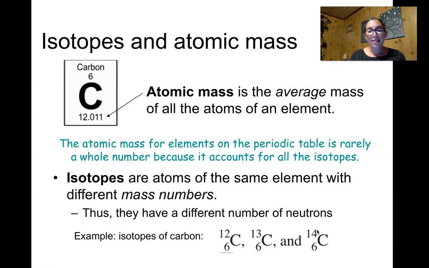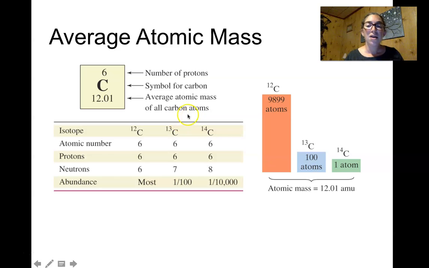So this is just my pointing out the difference between atomic mass and mass numbers. That's an important thing to differentiate between. Mass numbers are whole numbers that are part of symbolic notation, but atomic mass is an average, and that's the one you find on the periodic table. So a weighted average takes into account the quantity of each of those isotopes.